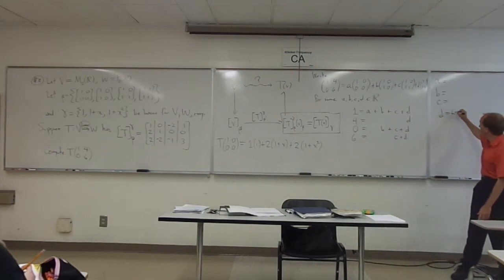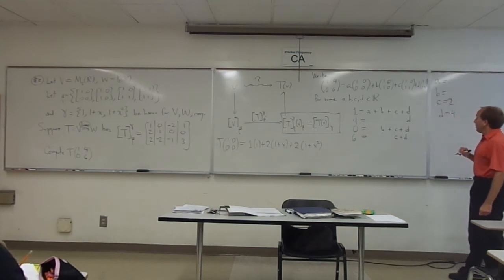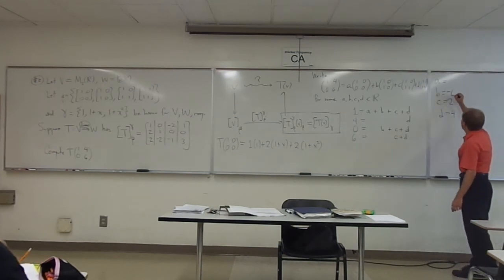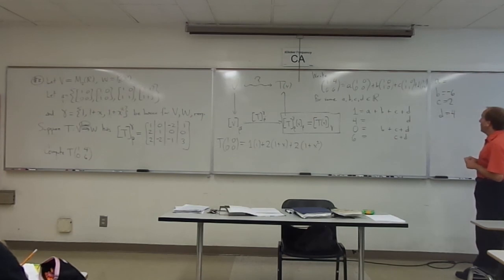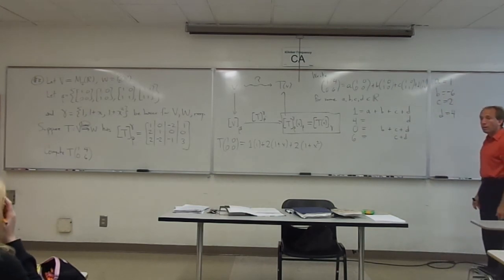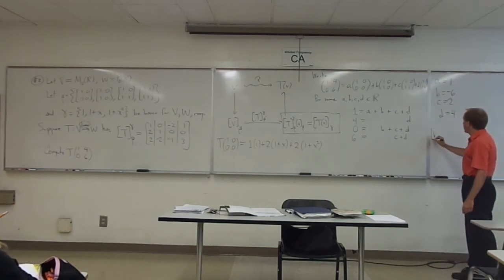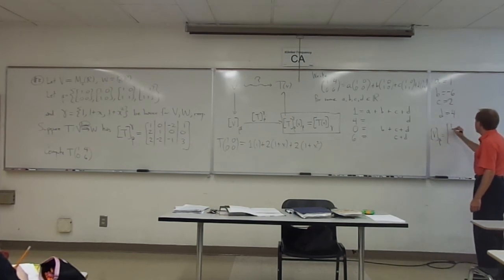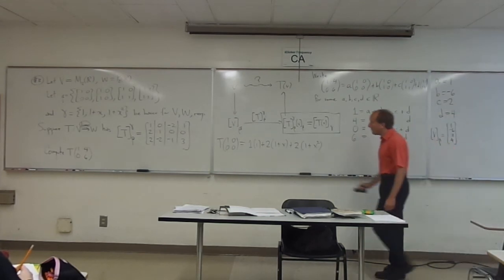So D is going to be 4, and then C is going to be 2, B will be negative 6, and A is going to equal 1, right? Okay. So my coordinate vector for V with respect to beta is just this column right here: 1, negative 6, 2, and 4. Okay? So we got that.